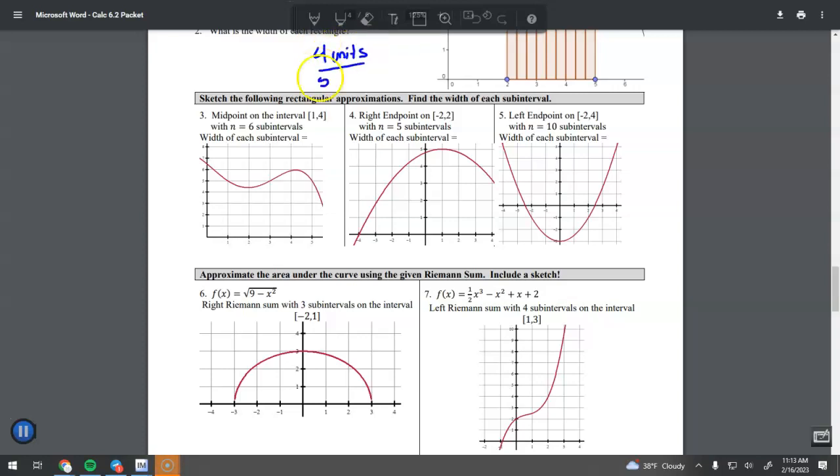We want to have 5 subintervals. So it's going to be 4/5 units per subinterval. So you're going to have negative 2, negative 1.2, negative 0.4, 0.4, 1.2, and 2. So you can do it, it's just annoying with decimals.